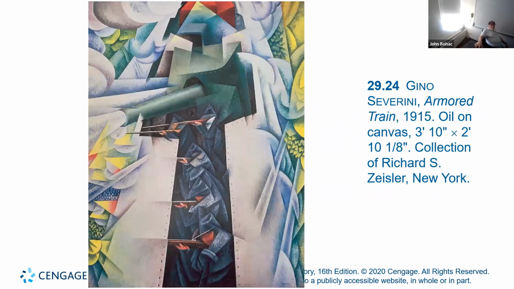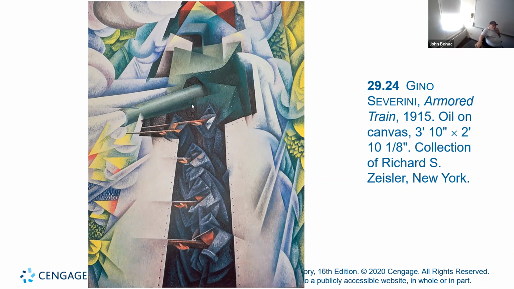And Gino Severini. And so this is what we've seen so far. It's probably one of the most cubistic pieces that we've seen. And you can see the soldiers, the rifles, and this, as it says here, an armored train.